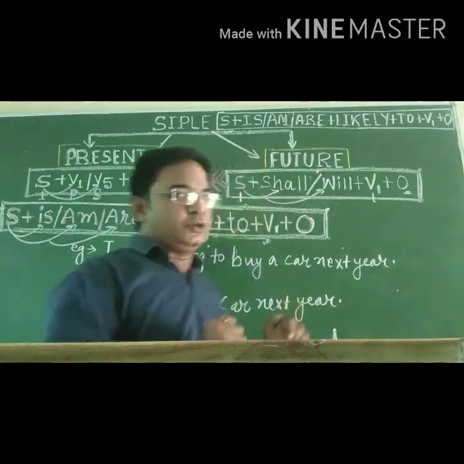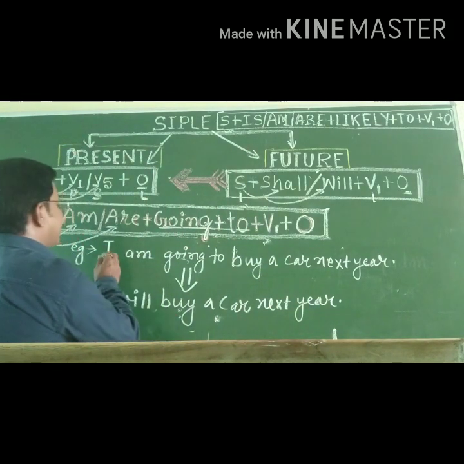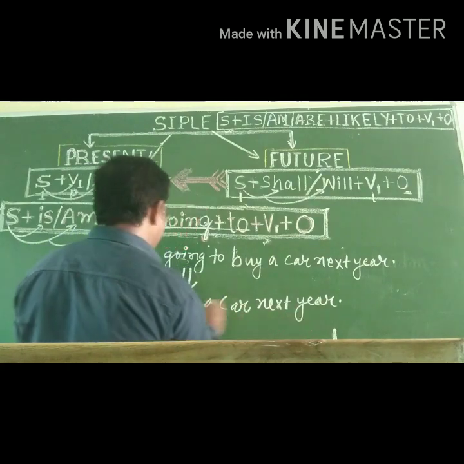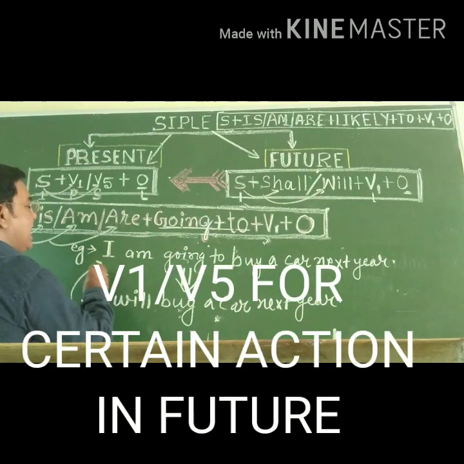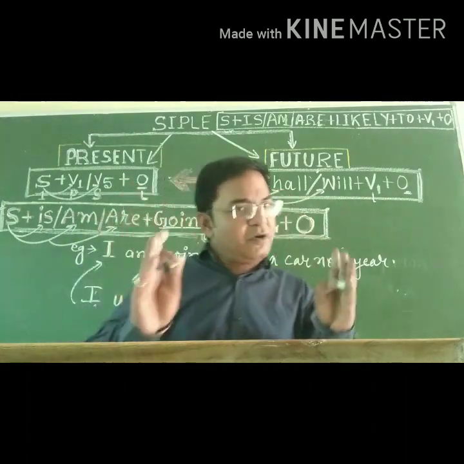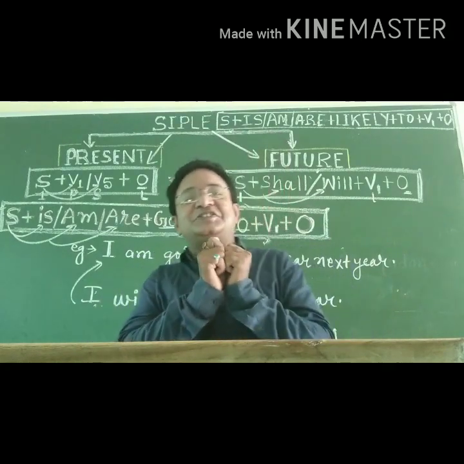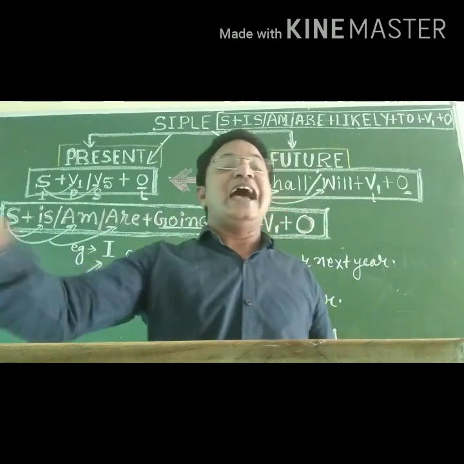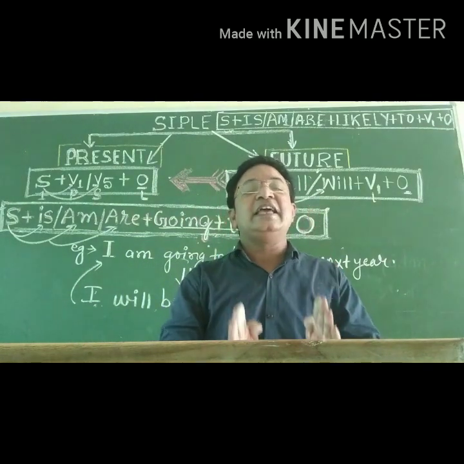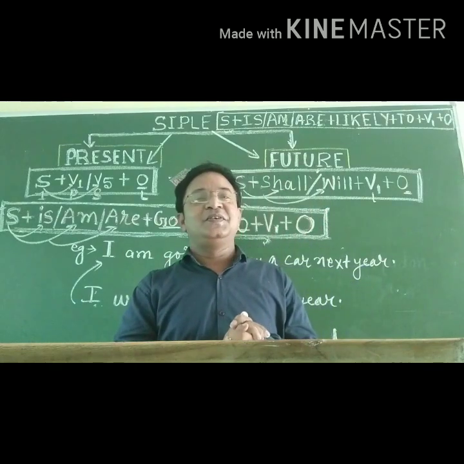Okay, children? So that's why we are writing "I will buy a car next year" in place of what? "I am going to buy a car." That means to say, if you have to write "I will buy a car next year," at that place you write simply "I am going to buy a car next year."